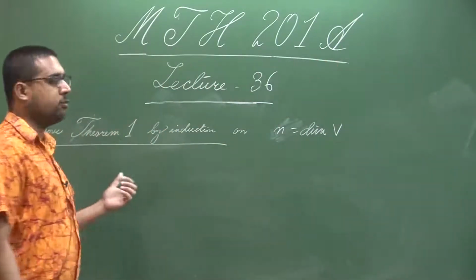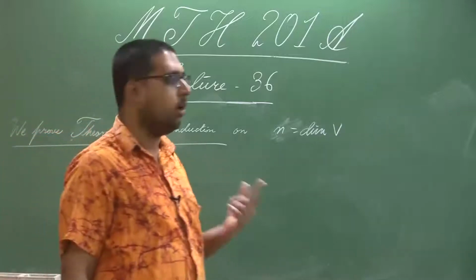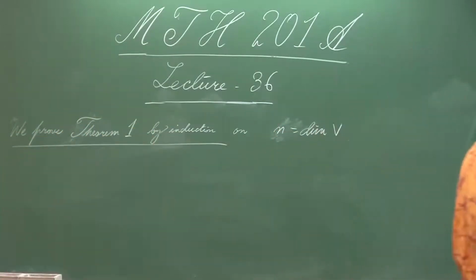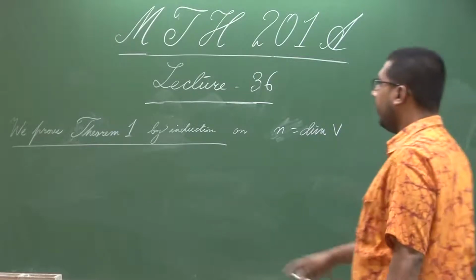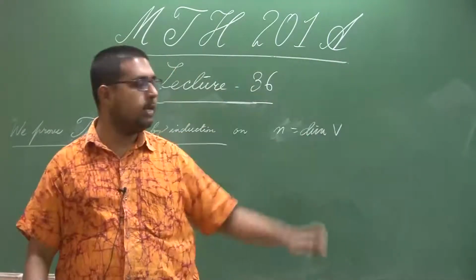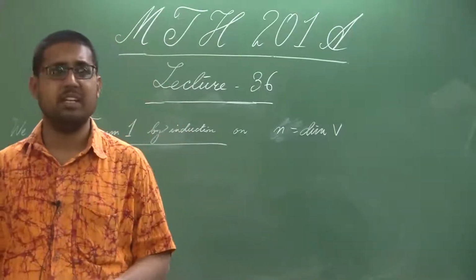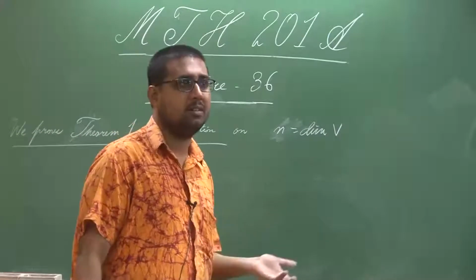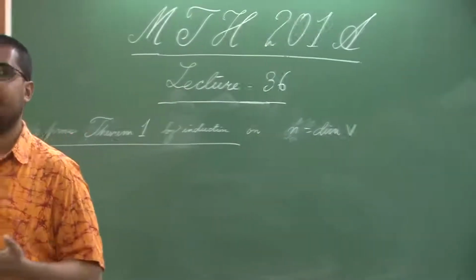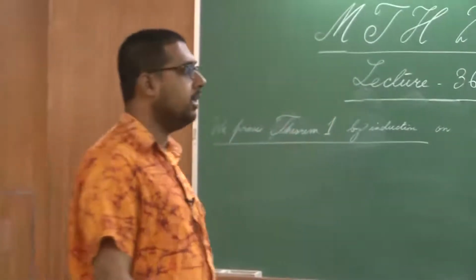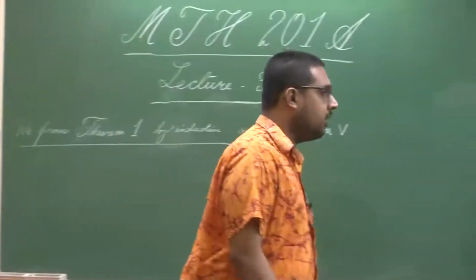Therefore, we will have to show it is true for n equal to 1. If n equal to 1 and T is a nilpotent operator on a one-dimensional vector space, then T must be 0, because the degree has to be less than or equal to 1.